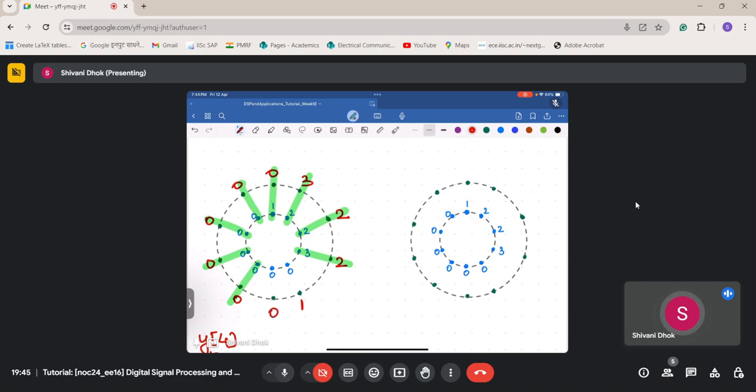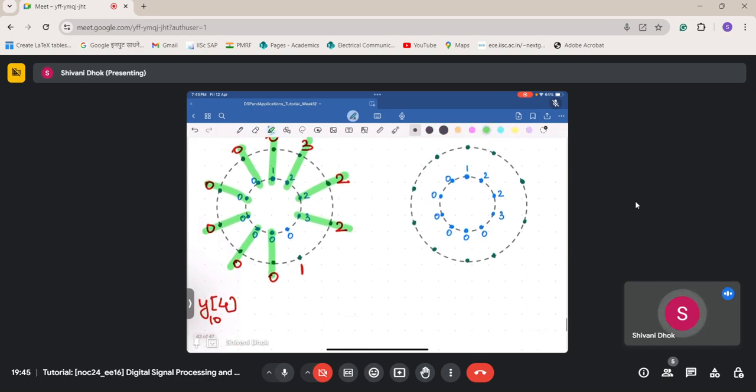So this y10 of 4 will come out to be equal to 6 plus 2 into 2, 4, plus 2 into 3, 6. So this is equal to 16.